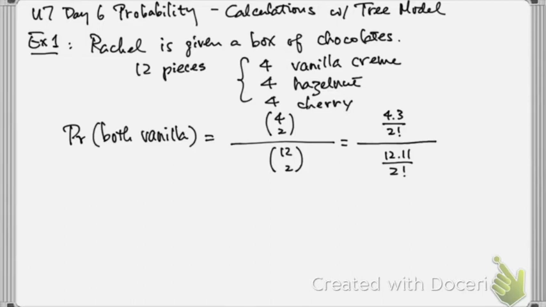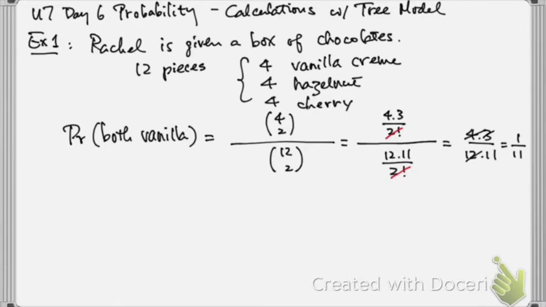We notice that we have 2 factorial in the denominator of both fractions, so this can be cancelled out, and this is reduced to 4 times 3 divided by 12 times 11, and these cancel out. The final answer is 1 over 11. So the chance that May, in randomly picking 2 pieces, ends up having both of them being vanilla is 1 out of 11. Okay, so this is one way of calculating probability.